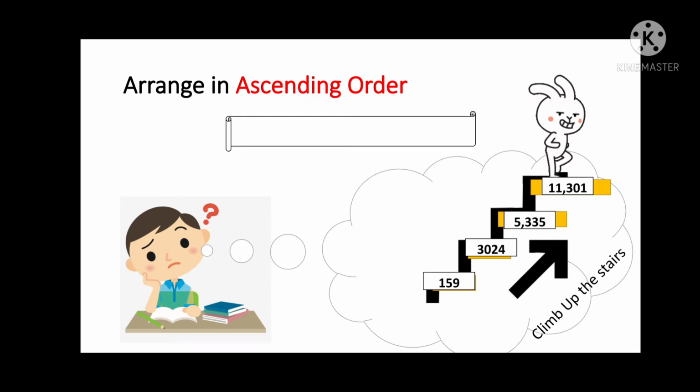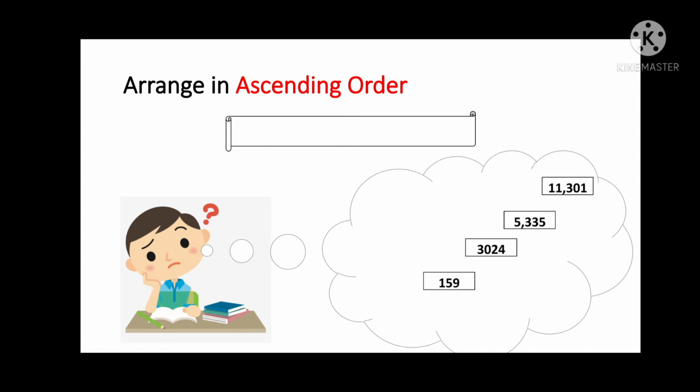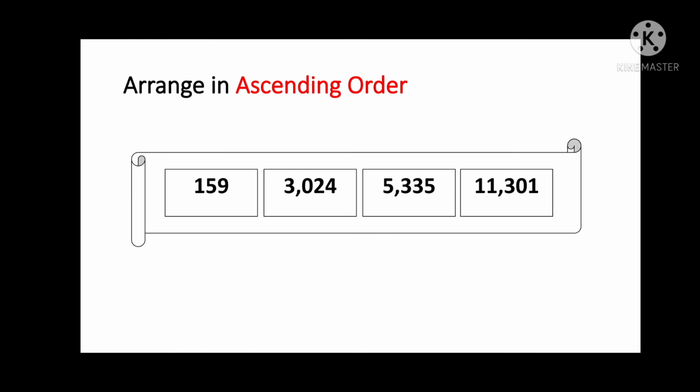Now, the bunny has ascended the stairs from the smallest number to the biggest number. Now, these numbers, we put in a straight line, like this. We arranged it from smallest number to the biggest number. This is the correct answer. Very simple.